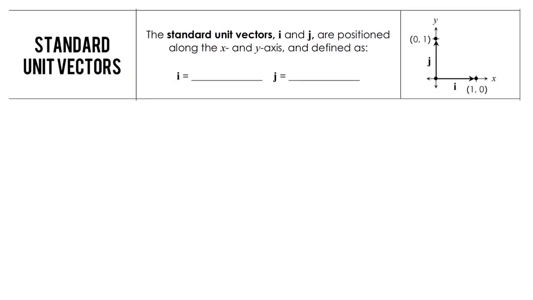All right, now we're going to look at the standard unit vectors i and j as they're positioned along the x and y axis. So vector i is going to be, in component form, <1, 0>, and vector j is going to be <0, 1>.